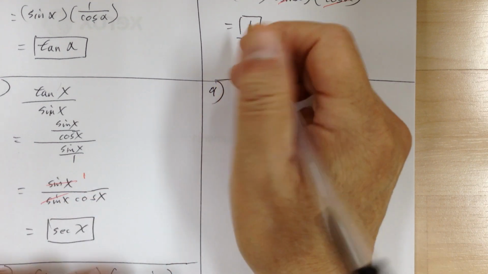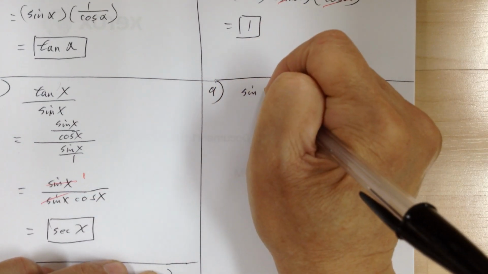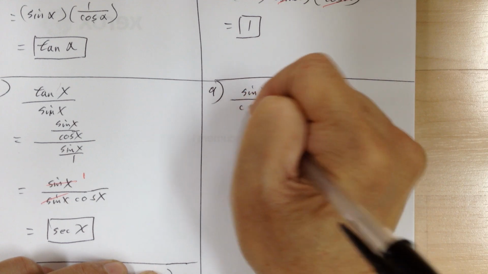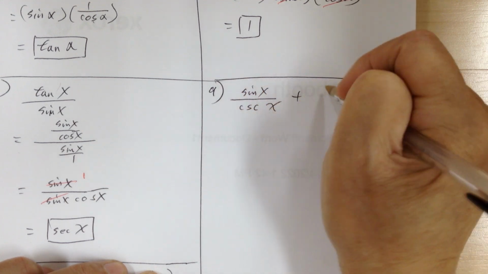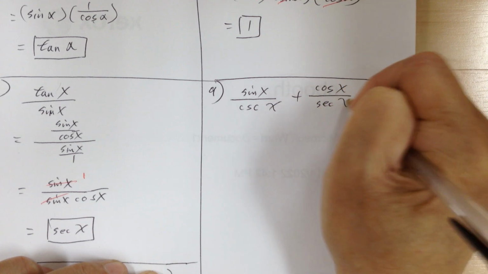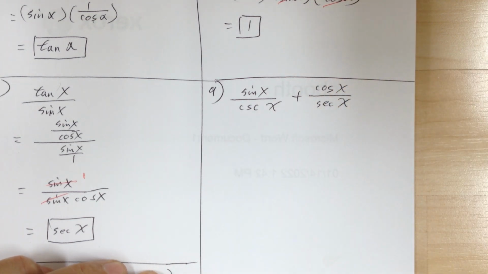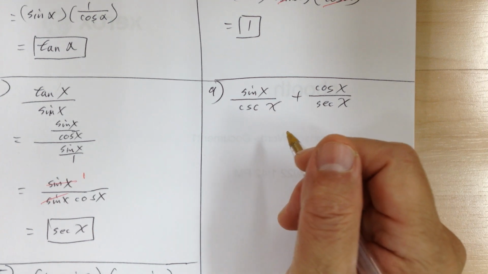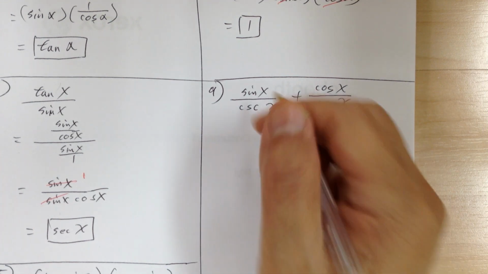Number 9. Sine x over cosecant x plus cosine x over secant x. Again, first let's convert everything to sine and cosine.